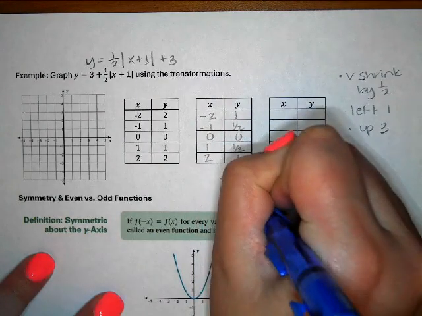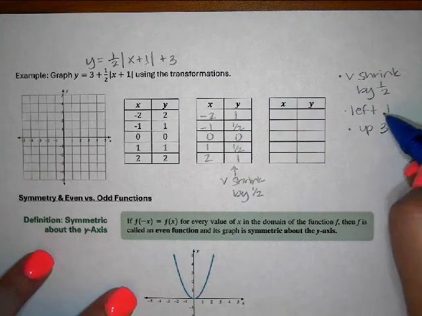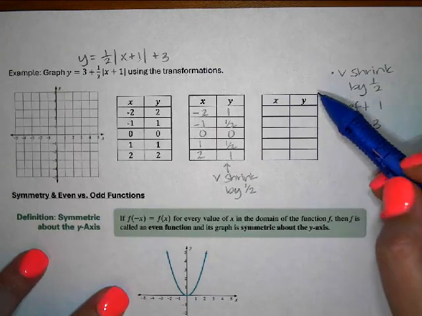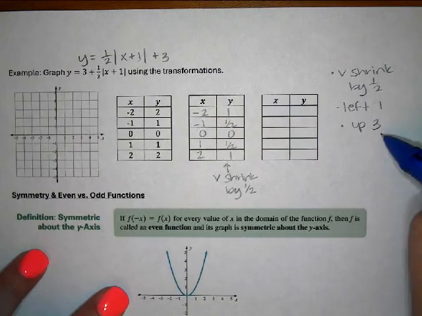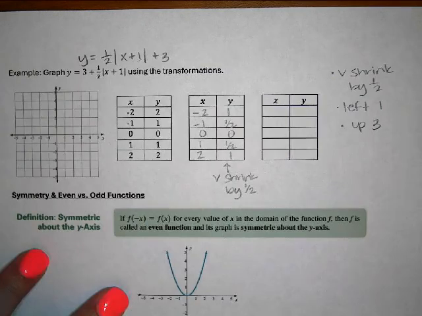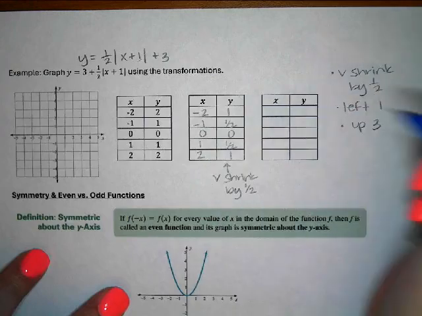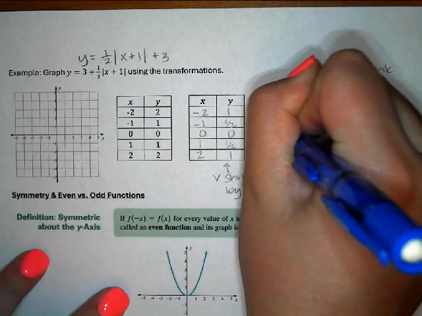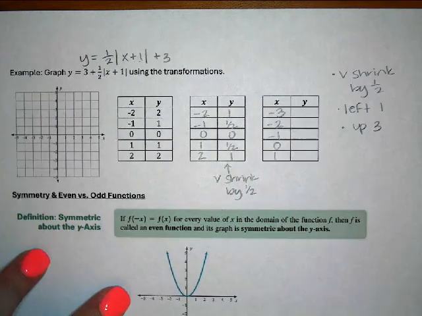Okay, so I did that one. Next, I have to shift the graph left 1 and up 3. Go ahead and pause the video and see if you can complete the table to go left 1 and up 3 for each of your points. All right, so to shift all my points left 1, I need to take all my x coordinates and subtract 1 from them. So -3, -2, -1, 0, and 1. That is left 1, okay?